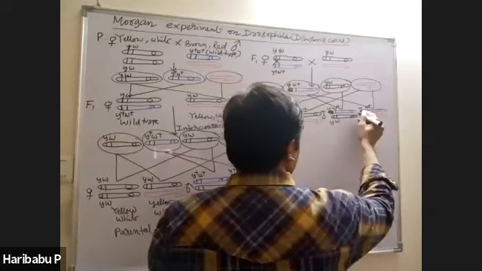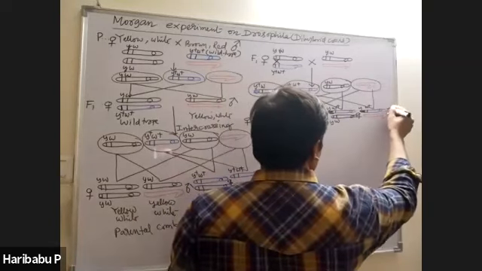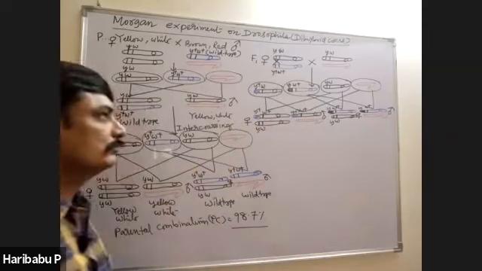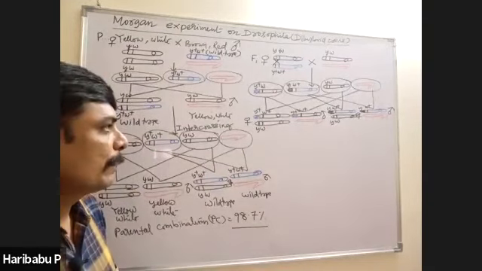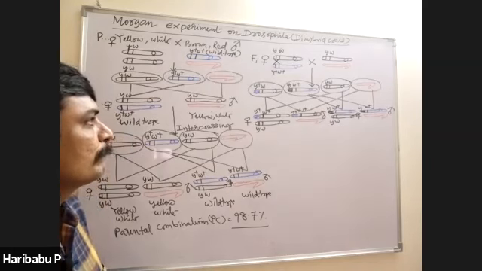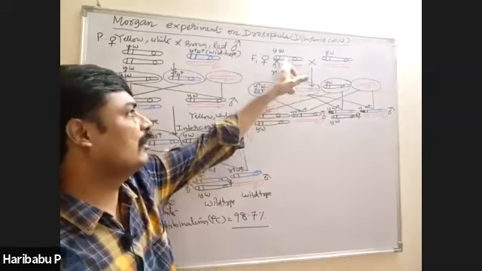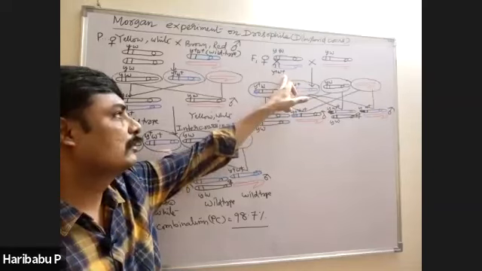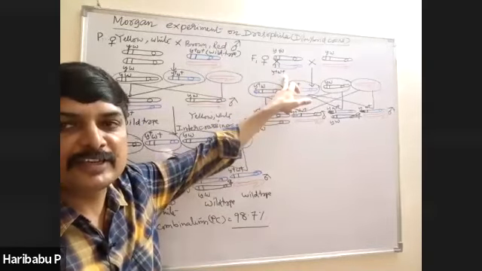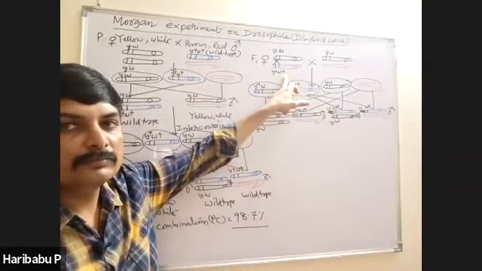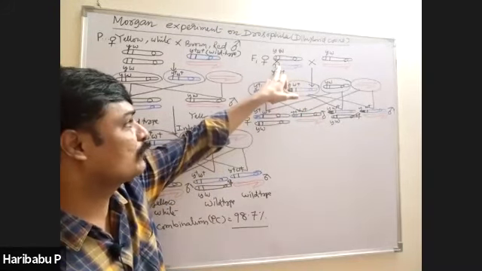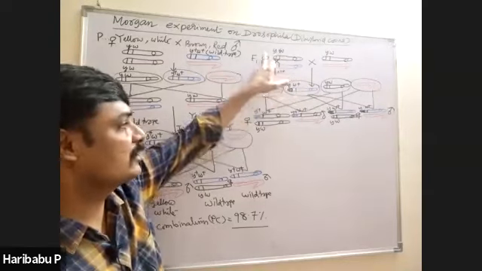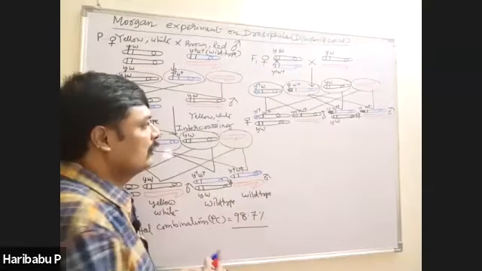And here it is female. This is male. Observe carefully. Here exchange of chromatids occurs during the pachytene stage of meiosis. As a result, a small fragment of this chromosome moves to this one. Exchange occurs. As a result, what happens?